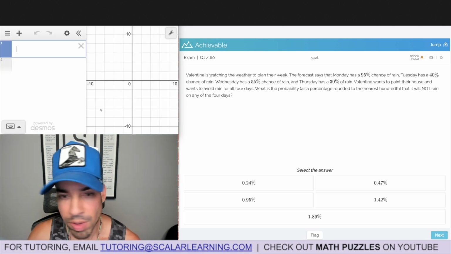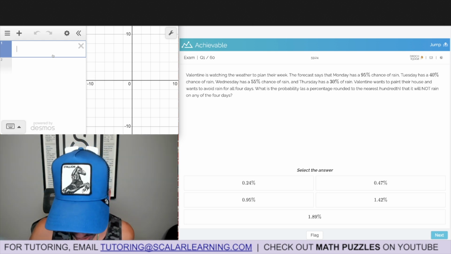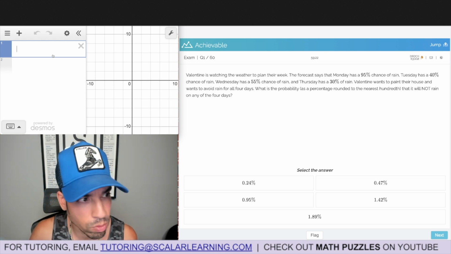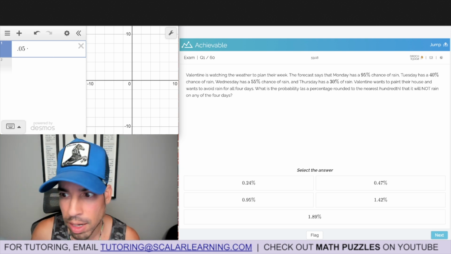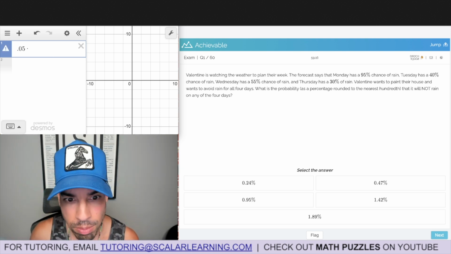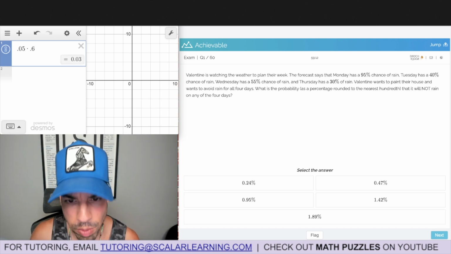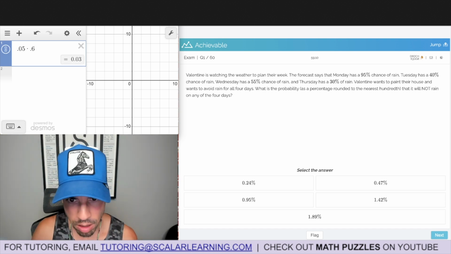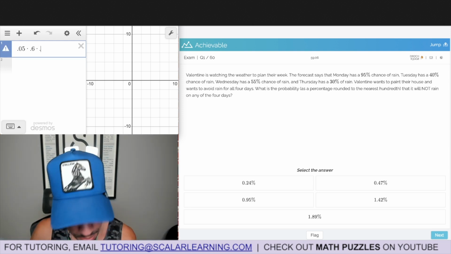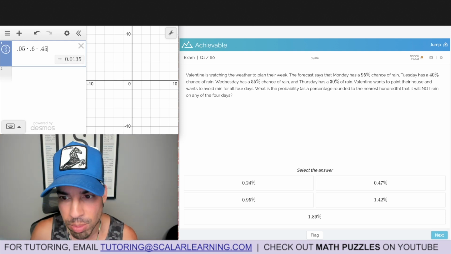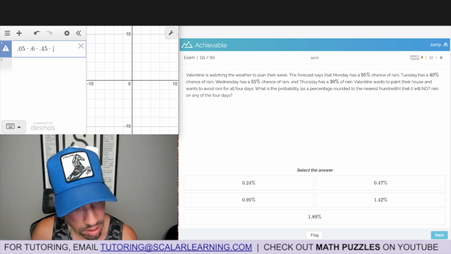So we've got joint probability, so it's 95% chance of rain, so that's a 5% chance that it won't rain. So we got 0.05 times, and then we've got 40%, so 0.6, a 60% chance that it won't rain on Tuesday, 55% chance of rain on Wednesday, so the complement of that is 0.45 or 45%, and then Thursday, 30%, so the complement of that is 70%.